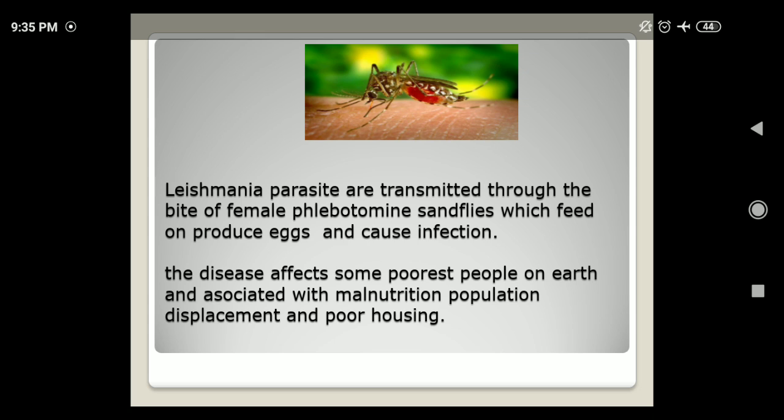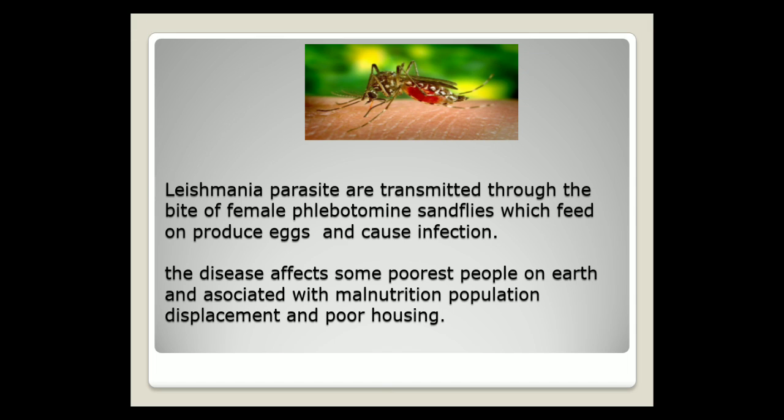The Leishmania parasites are transmitted through the bite of female phlebotomine sandflies. The infected sandfly injects promastigotes into the skin.